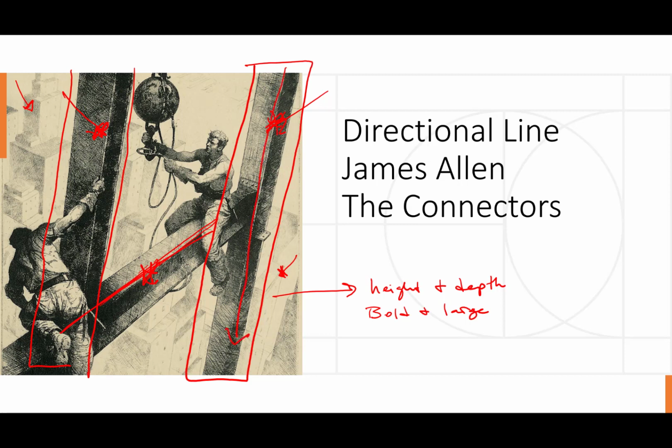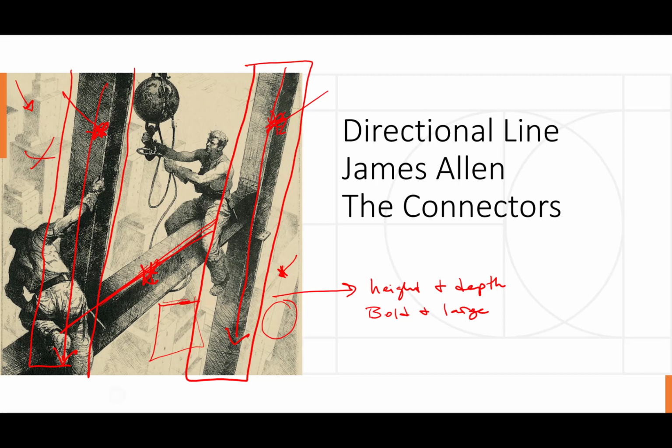And that then creates the sense that they're up really high. And then by using the angle of the lines in the background of the buildings, it reinforces this idea that they're really high up. And that's what it's communicating, that sense of height and grandeur of how big and large it is.